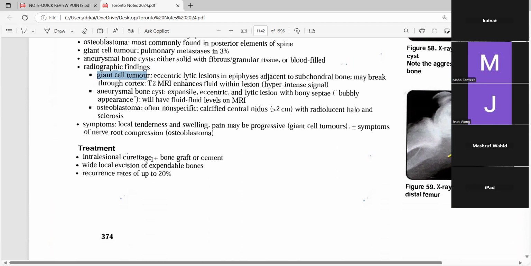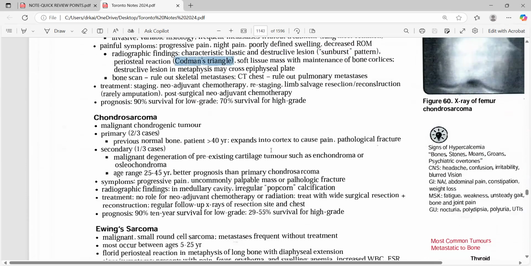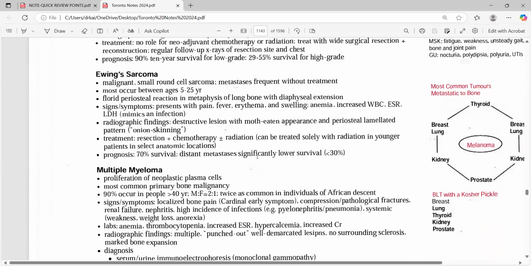Mainly the radiograph. How does the picture look like and how you're going to make the diagnosis by looking at those pictures. Okay. Then basically the osteosarcoma, mainly we are looking for Codman's triangle and you need to see how it looks like. As you can see from the sidebar too, how does it look like? So mainly there are some X-rays given in the Toronto Notes, some of them you have to see from Google.